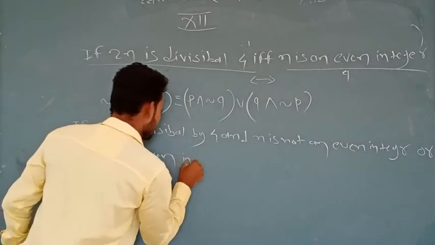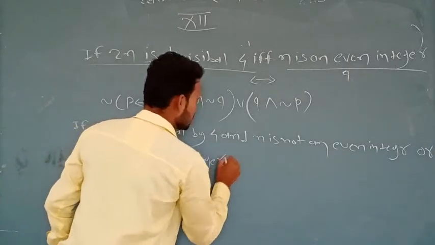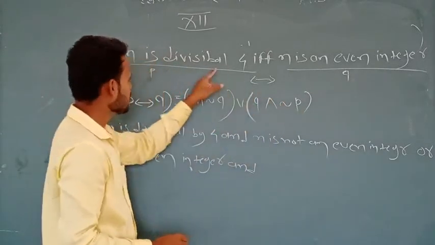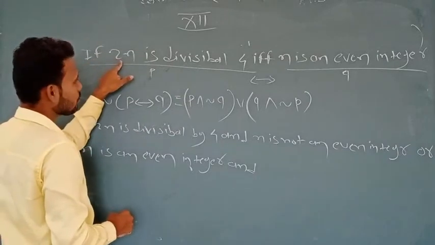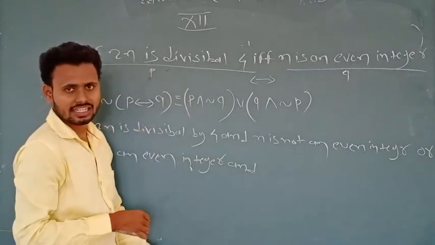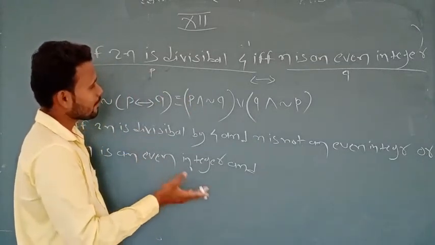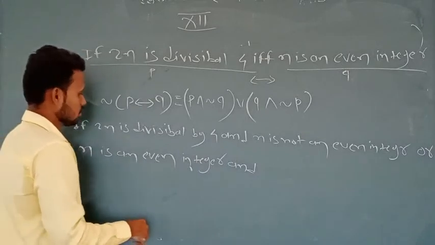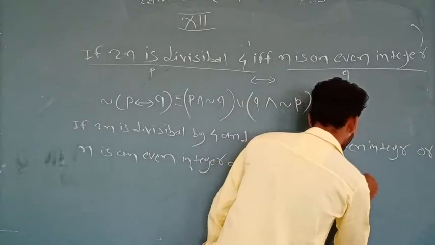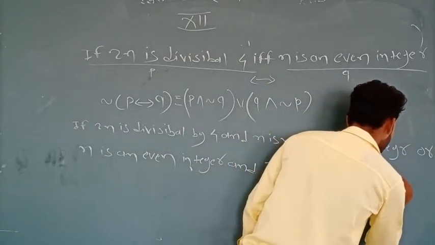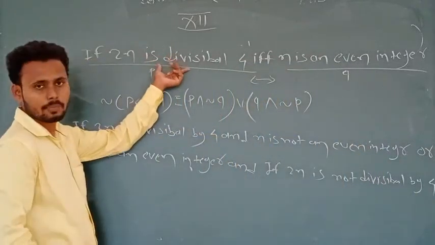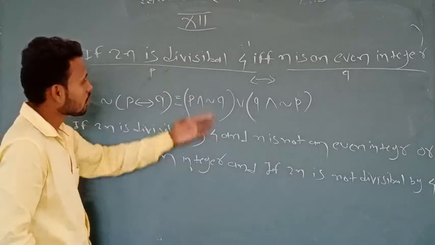And here, and with the negation of P. P is: if 2n is divisible by 4, so the negation of P is 2n is not divisible by 4. This is the required negation of that biconditional statement.